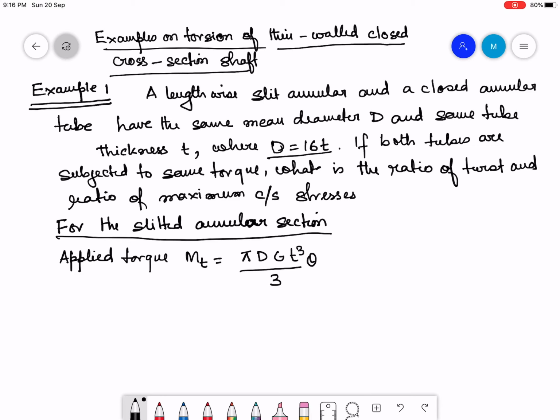Let us put the subscript s to denote that this is the rate of angle of twist for the slitted cross section.